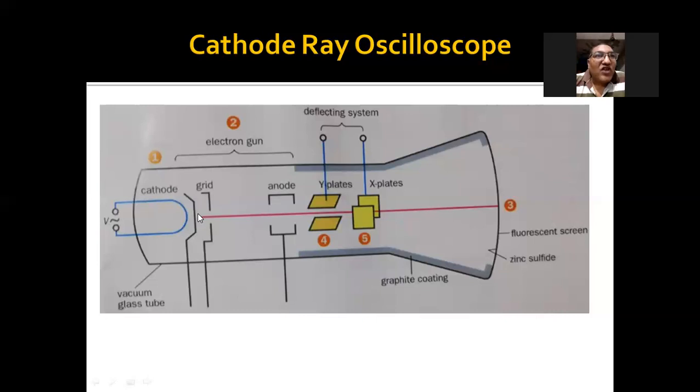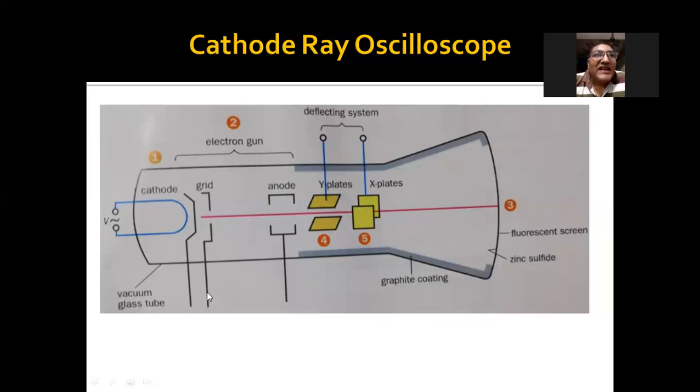The electrons which came out of the cathode due to heat are negatively charged, and this anode is positively charged at very high voltage. So these negative electrons have electrostatic attraction with this positive anode, and these electrons are accelerated towards this anode.